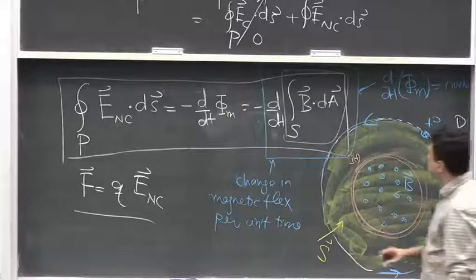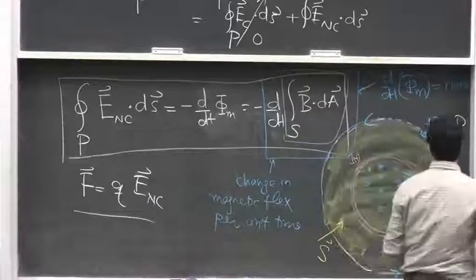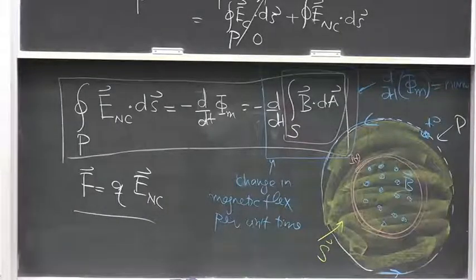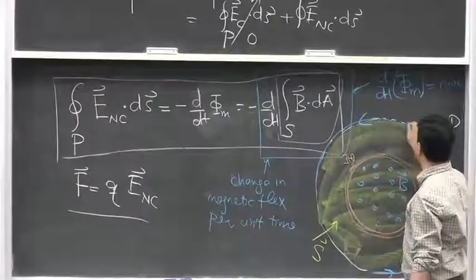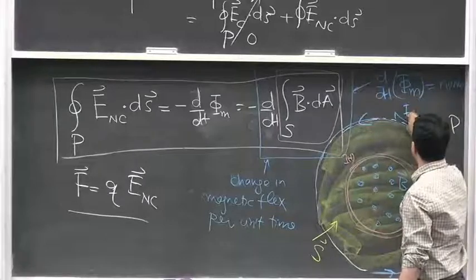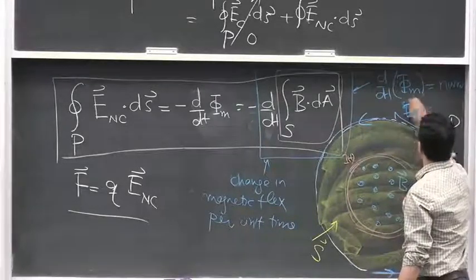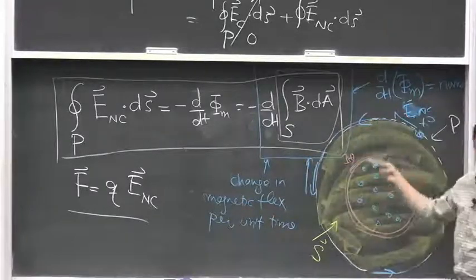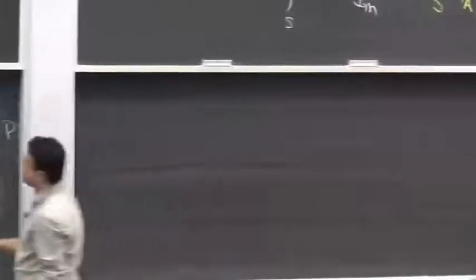To find the direction of the motion or the direction of the electric field, basically what you are finding is the direction of the electric field lines of the non-Coulombic field, whether it is produced along this direction or that direction. That's what you want to find. And how do you find it? So you have to look at this thing.